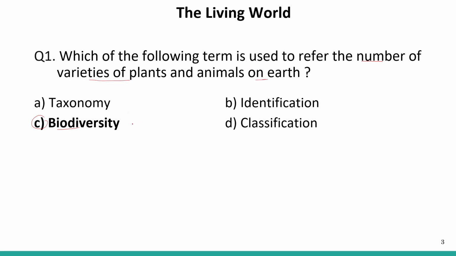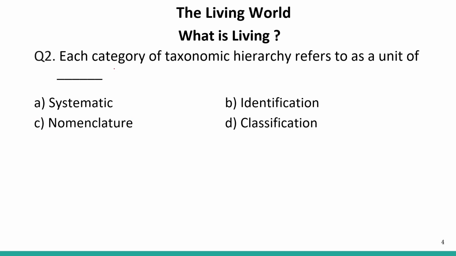Alright. The next question is, which category of taxonomic hierarchy refers to as a unit of dash, they are saying. Okay, options are systematic, then we have identification, option C is nomenclature, and then we have classification.